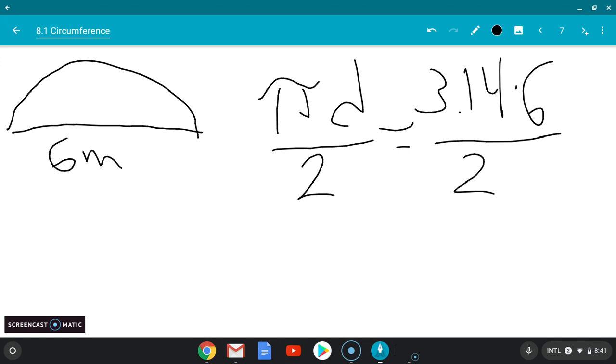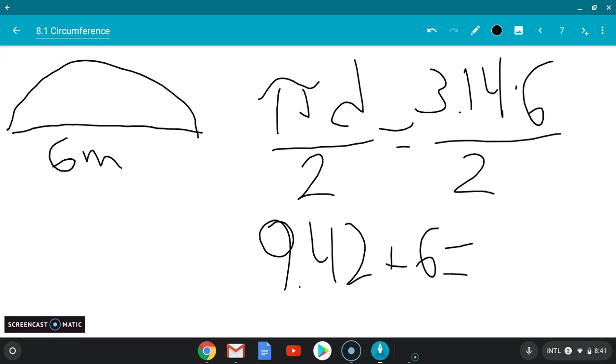That is going to give us 9.42. All right, but that's just this. The perimeter is going to be the distance around the entire thing. So I'm going to have to add 6. And I'm going to get 15.42 meters.